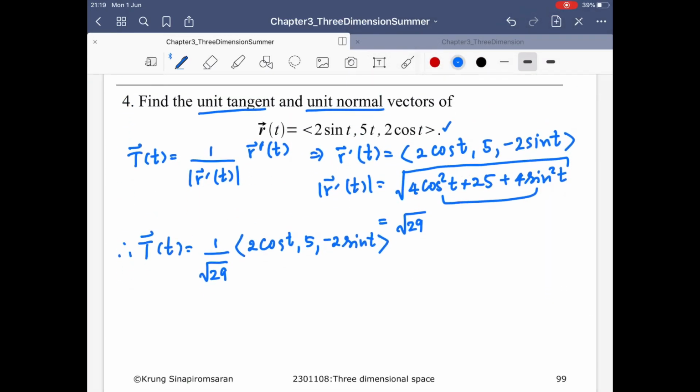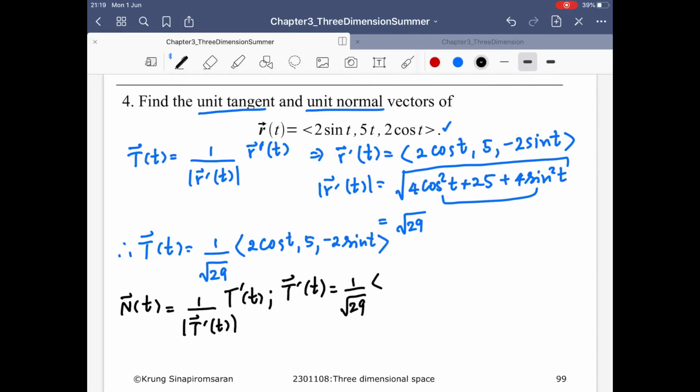If you want to find a capital N, it is simply T prime over the length of T prime. So the first thing that you need to find is your T prime. The 1 over square root 29 has nothing to do with the t, so you got negative 2 sine t, 0, and negative 2 cosine t.